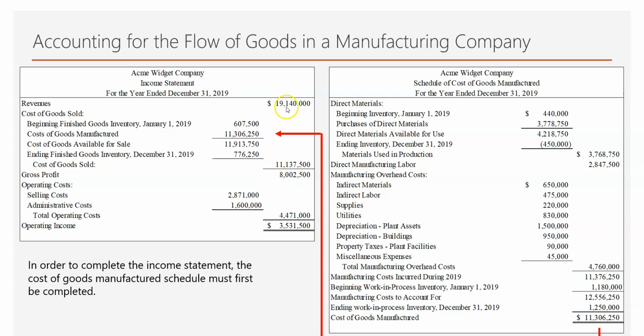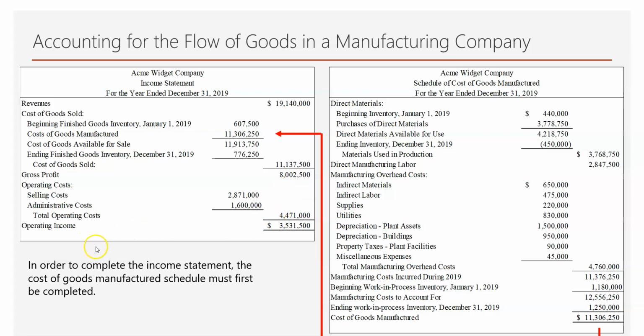So my gross profit, just like we learned in financial and intermediate accounting, is revenues minus cost of goods sold. Subtract from that my selling and administrative costs to give me my total operating costs. Gross profit minus operating costs gives me my operating income.